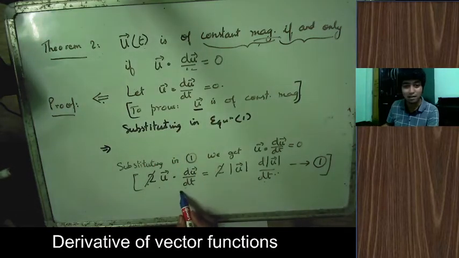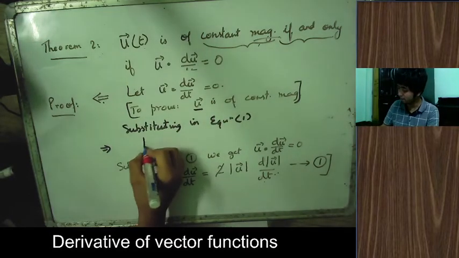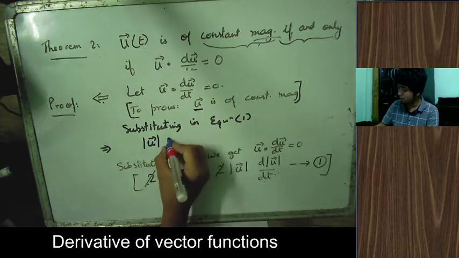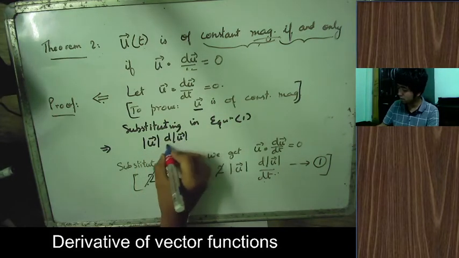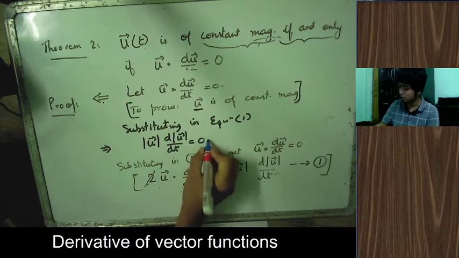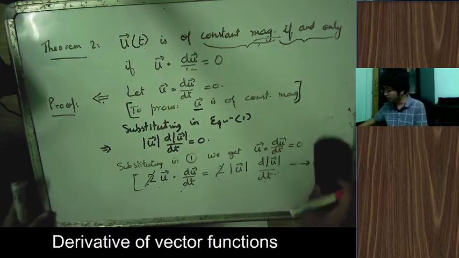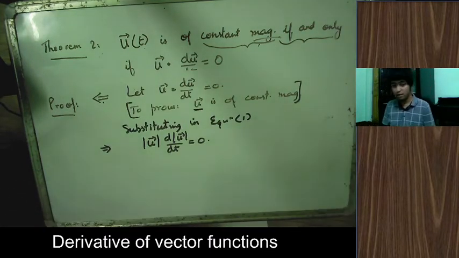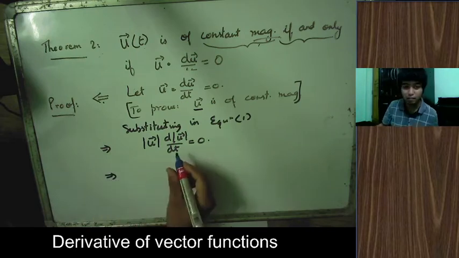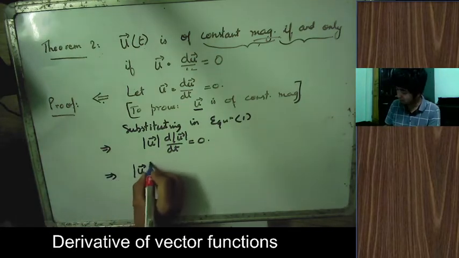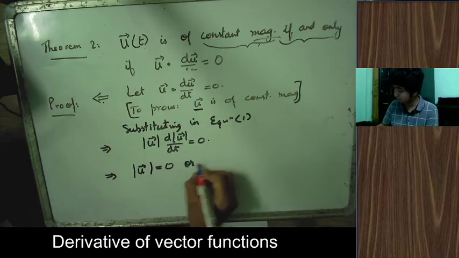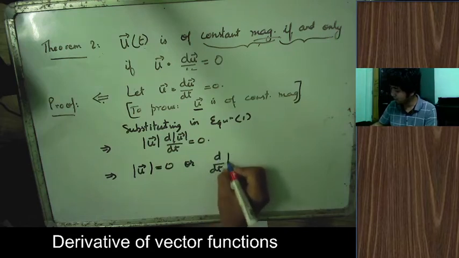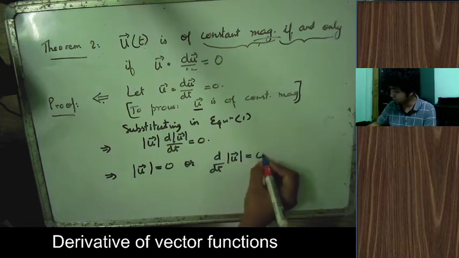So substituting it over here, you will be having u dot du dt equal to 0. So this is what we are having. Okay, so over here what we can do, we can have u bar is equal to 0, or d/dt u bar equal to 0.